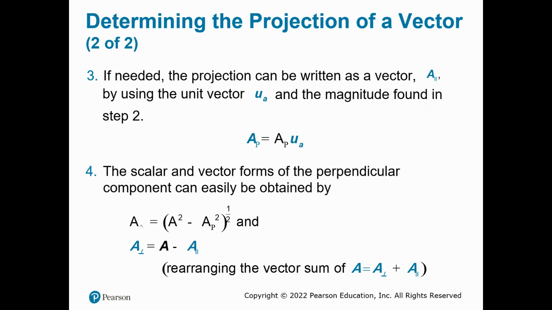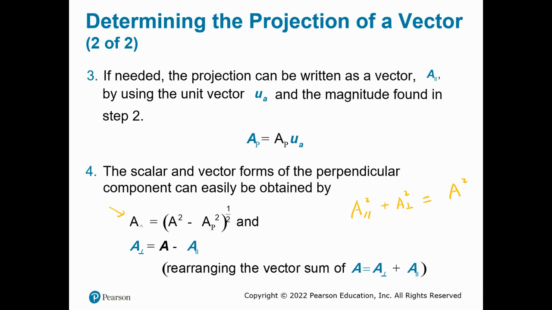For the scalar and vector forms of the perpendicular component, we know the parallel, so we can use the Pythagorean theorem backwards. The Pythagorean theorem says A parallel squared plus A perpendicular squared equals A overall squared. So we're using it backward to find the value of A perpendicular.